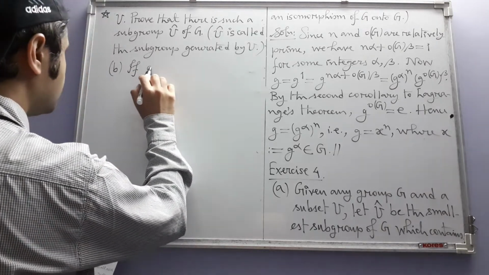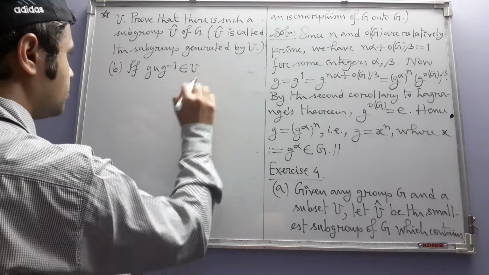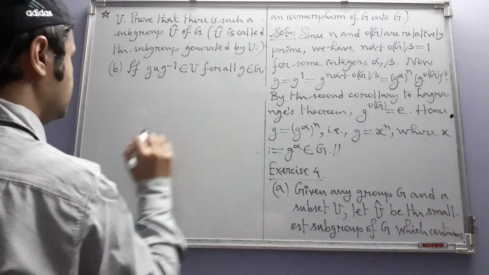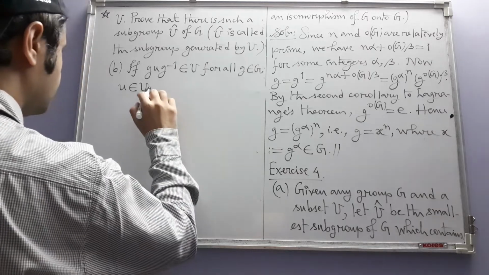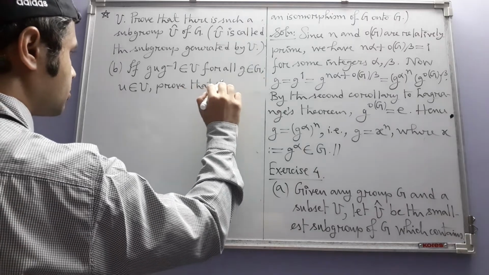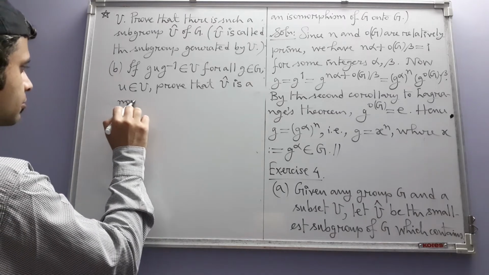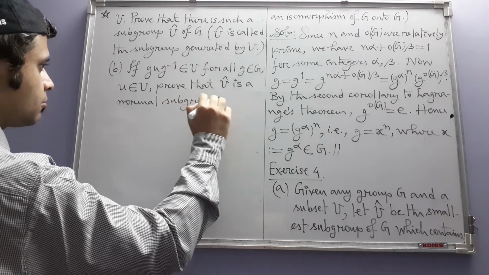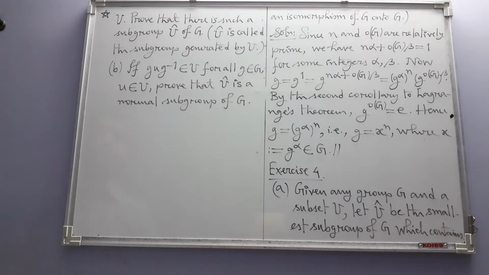If g inverse u g belongs to U for all elements g in G and u in U, then prove that U hat is a normal subgroup of G.